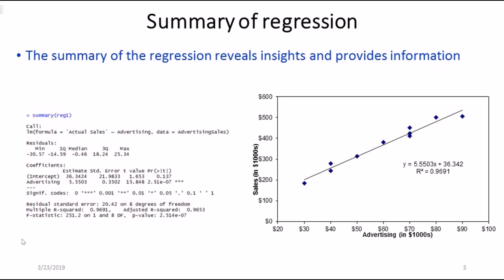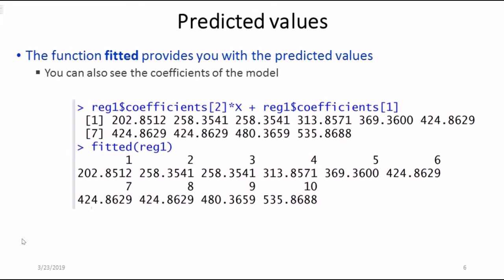The function fitted provides you with the predicted values. In the first example, given a trained model, Reg 1, you refer to the coefficients. Coefficient 1 is the intercept, and coefficient 2 is the coefficient of x.